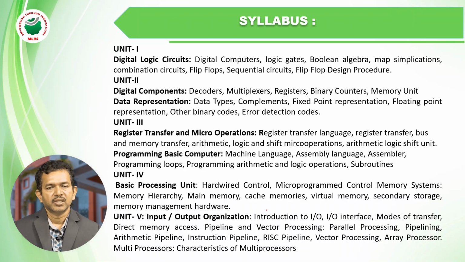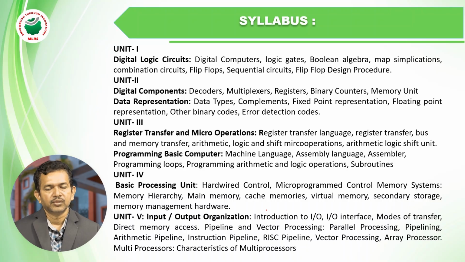Once the data is stored in the registers, we try to do some manipulations or operations. What type of operations are performed on the register? Suppose I take a register R1 and a register R2, how is the data operated on these two registers?